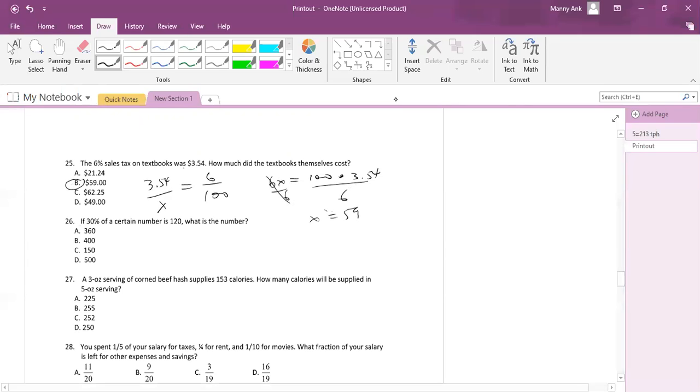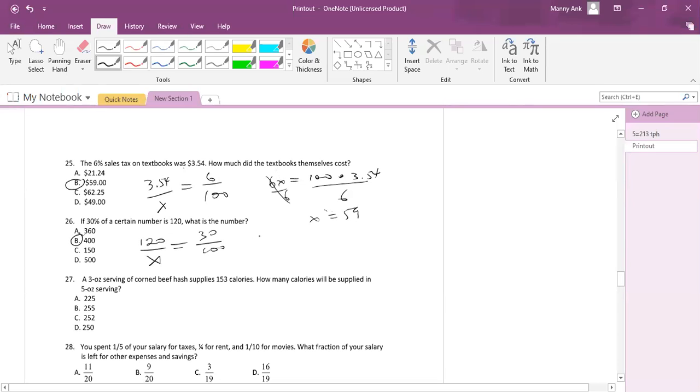Then 26. 26 is also a proportion. The answer is 400. 30% of a certain number is this, 120. So 30%, 30 out of 100 is, so you know the portion, 120. Of what number? A certain number, we don't know, so X. This is how your proportion should look like.